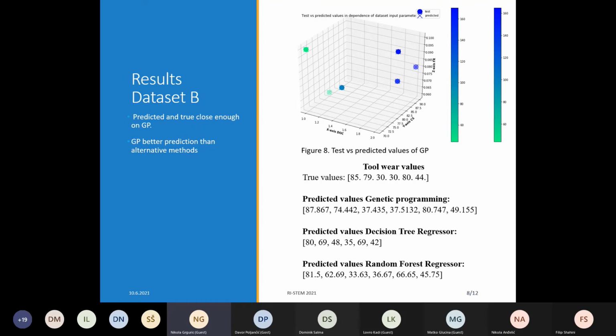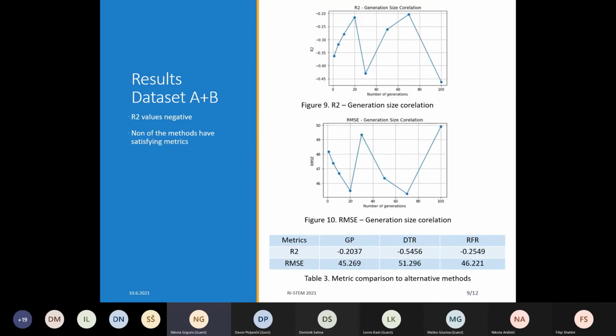In case of merged datasets, A plus B, R2 had negative values, indicating regression was not successful. To add, decision tree and random forest regressor also have negative values. The R2 metrics have irregular values and don't depend on the number of generations.